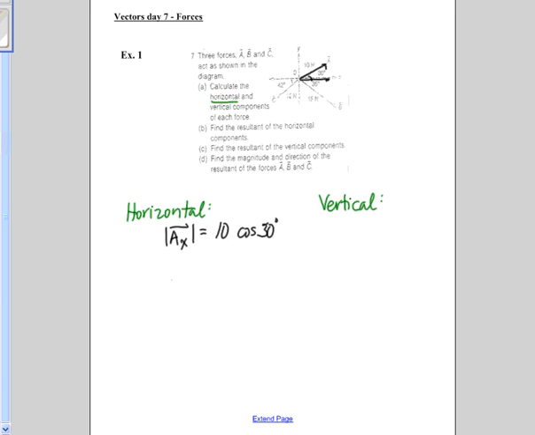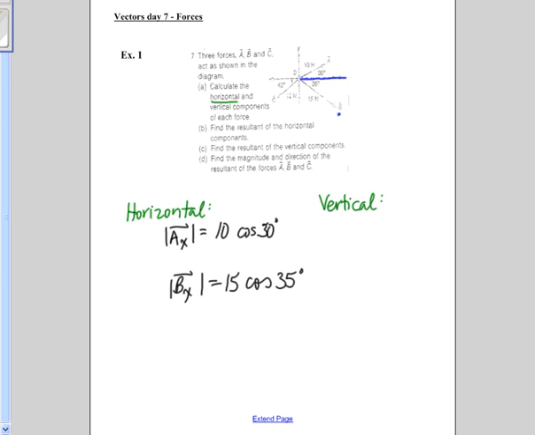Likewise, for vector B, the horizontal component would be vector B. We want this component right there. Again, I draw it too long. And we are using cos. So for vector B, we are doing 15 newtons, cos again, and this time 35 degrees to the horizontal.